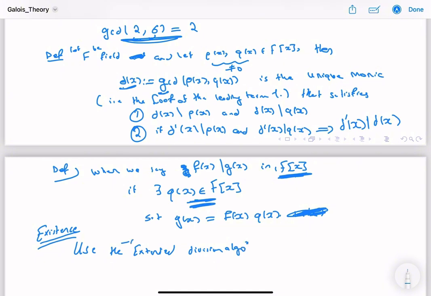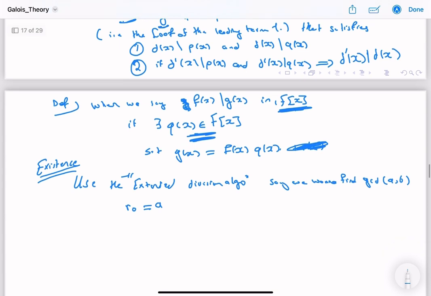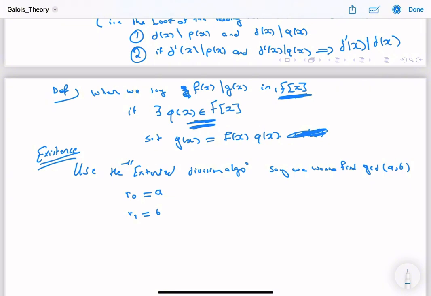Just as a reminder from the integers, you start by setting r naught equal to a. Say we want to find the GCD of a and b. What we're going to do is start by setting r naught to be a and r1 to be b.